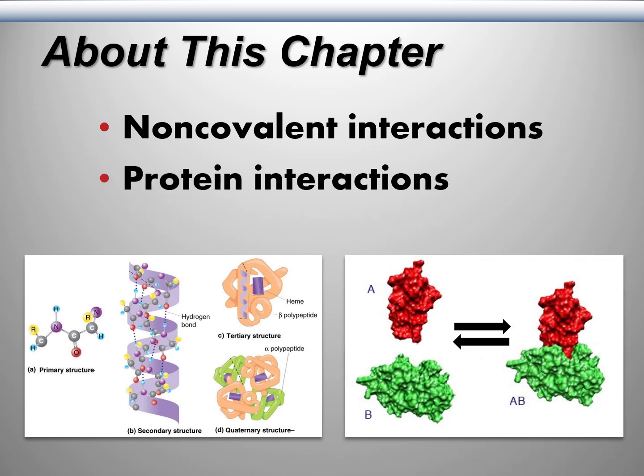That is to say, how is it and then why is it that proteins do what they do? How is it that they bind together and dissociate or aggregate, et cetera? So we're going to use the concepts today to get after those two major ideas.